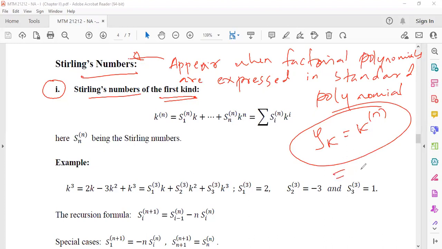But actually, our normal polynomial is a0 plus a1x plus a2x squared. So in that sense, we use these Stirling number systems to write our factorial polynomial in a standard polynomial way. Okay, so let's see what it is.